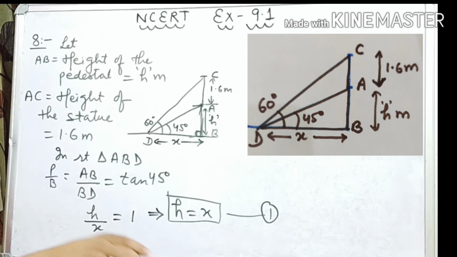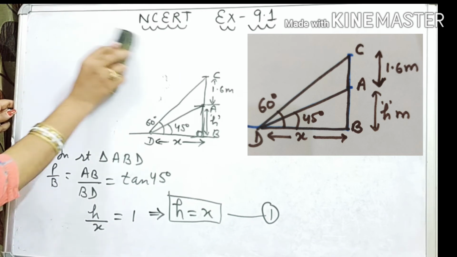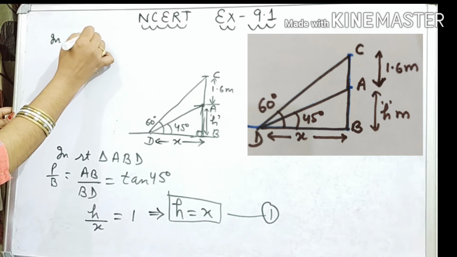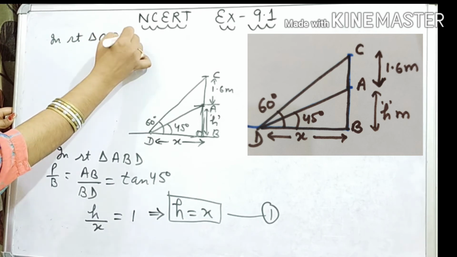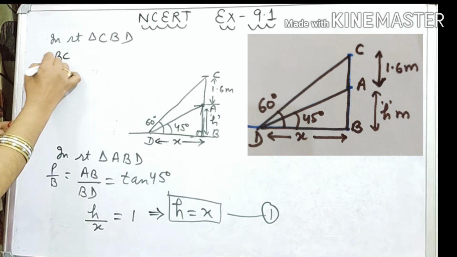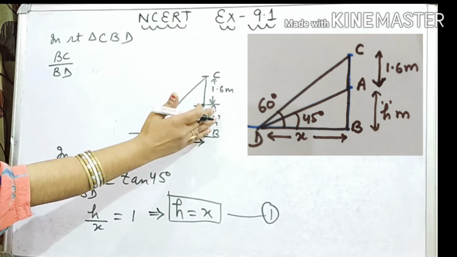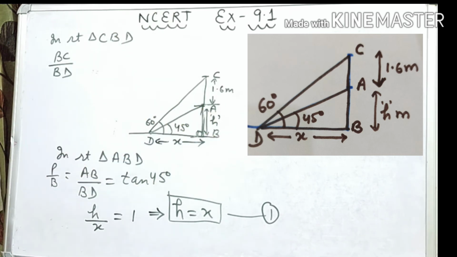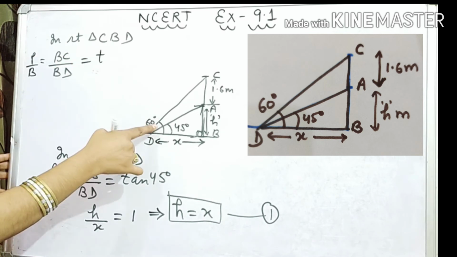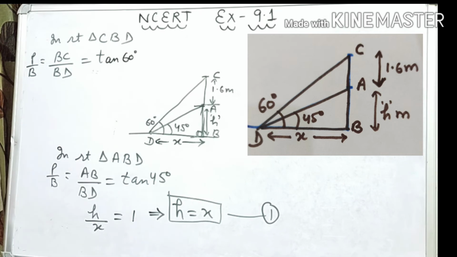Now we'll have to find the next right triangle. If you see the figure, the second right triangle we can take is right triangle CBD, and we are taking BC by BD. BC for this angle is perpendicular and BD is base, and perpendicular by base is again tan theta, and theta is 60 degree. That's why tan 60.